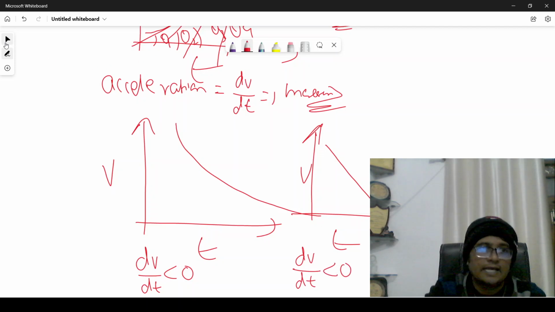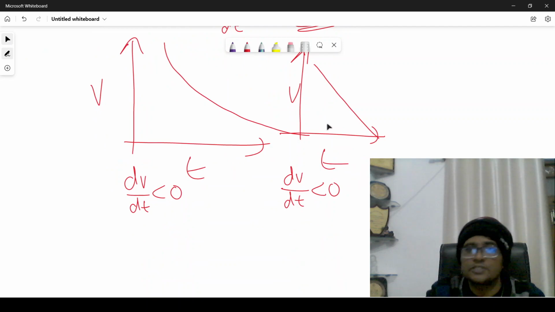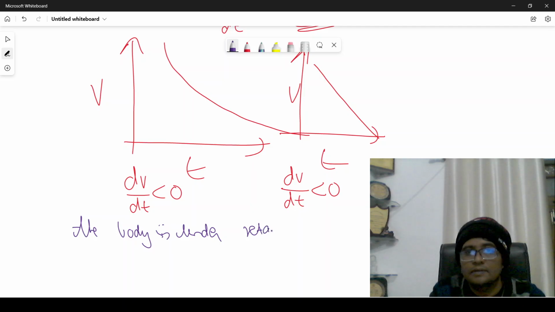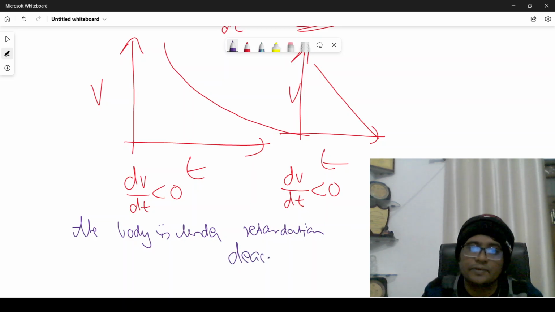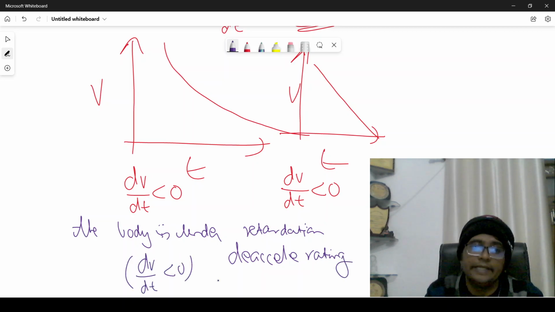So we can say that the body is under retardation, which means decelerating. Why is this happening? Because dv by dt is less than 0. It's a negative sense. That's why.